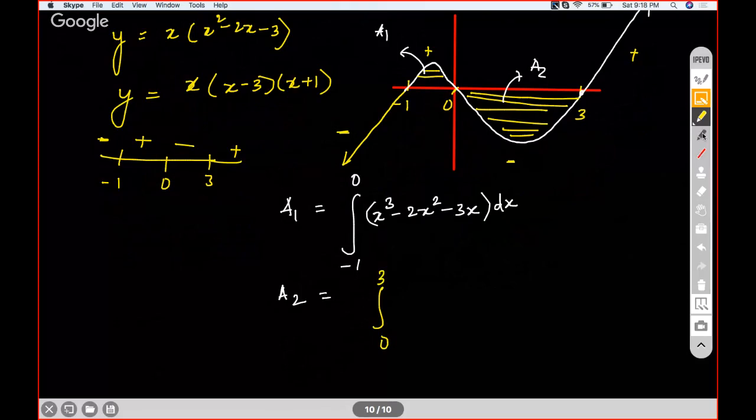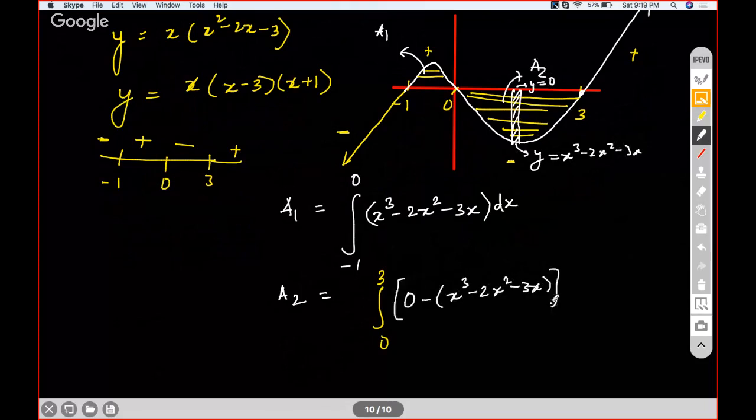When you make a strip, the head of the strip is on 0 and the base of the strip is on x cubed minus 2x squared minus 3x. So it's 0 minus this. Because if you don't do this, your answer will start coming out negative. This ensures that your answer is positive.